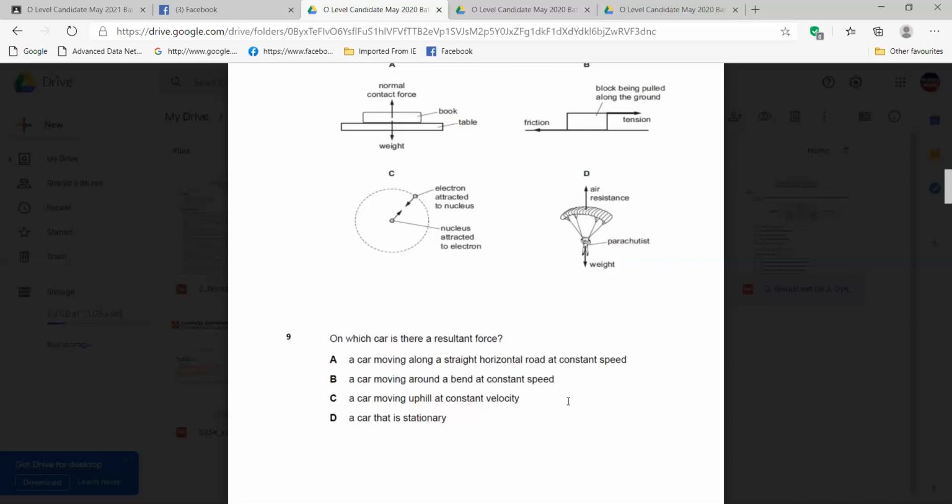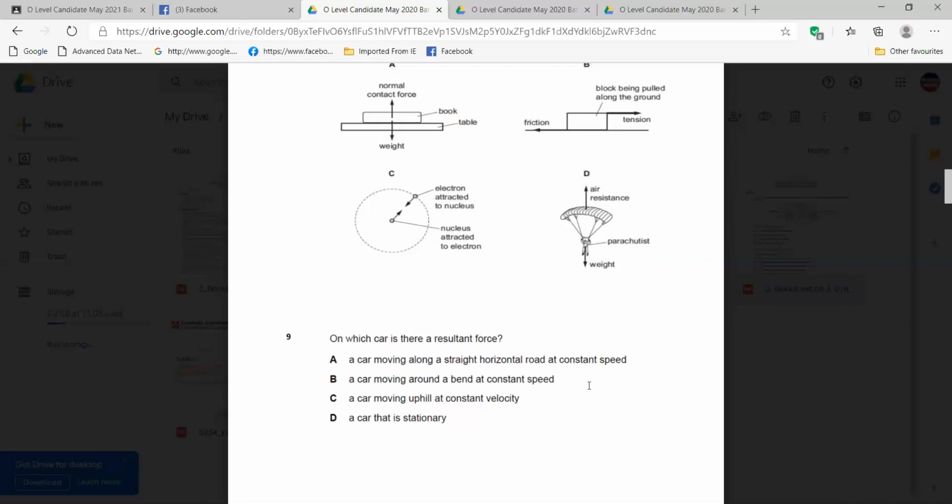But in circular motion, we are not getting a change in the magnitude of the velocity, but a change in the direction of velocity. Because of this change in direction of velocity, there will be some acceleration, and for this reason we are getting a resultant force towards the center of the circle.